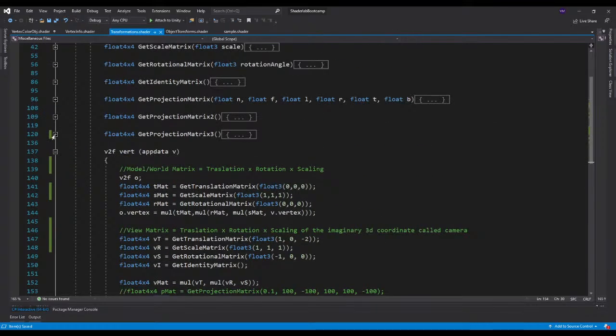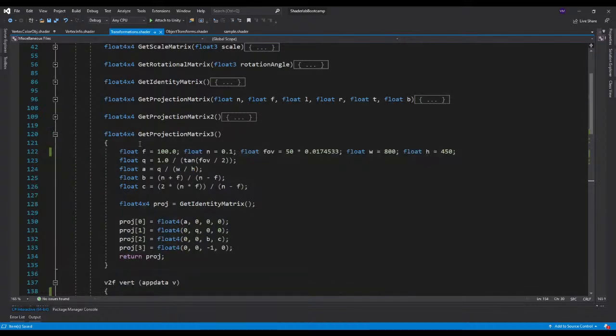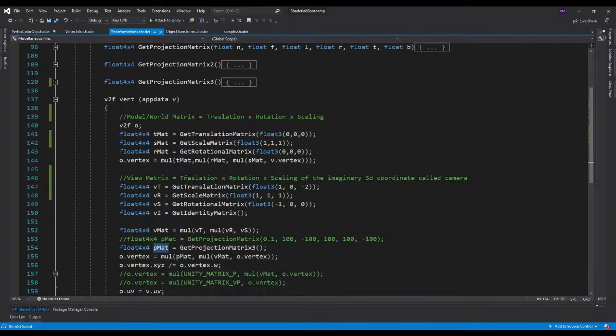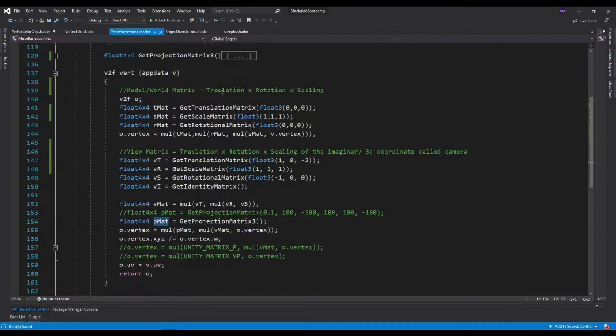The projection matrix has a new function because it is not just multiplying. Here what we were doing is we were taking the translation, rotation, and scaling of that specific coordinate and multiplying it by the matrix provided by the object space.